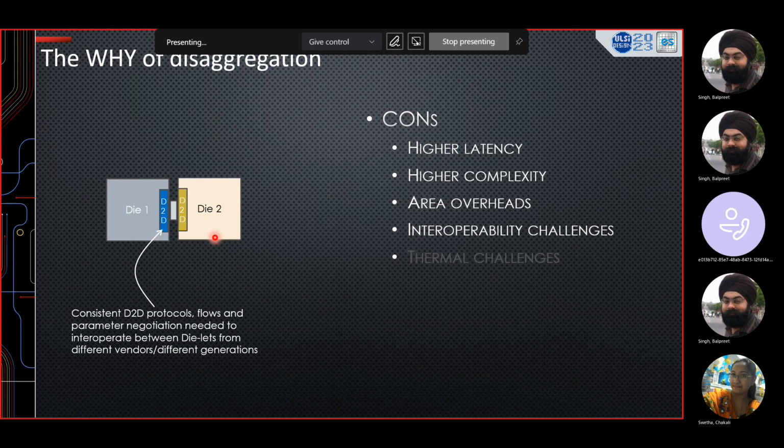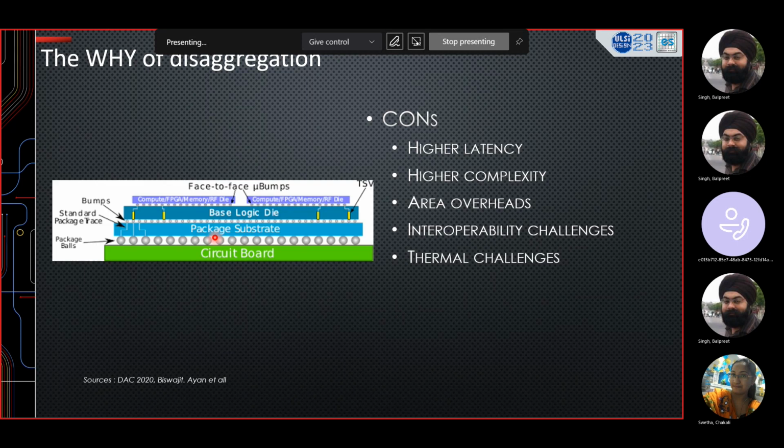And forget about dialects from different companies, even dialects from the same company, from the previous generation and the next generation. Even making them talk is a big deal in itself, because the flows might have changed between n-1 and n. There might be a lot of new changes in the functionality, in how it's being split. So all of those things come up as interoperability challenges that we need to think through when we are designing our solution in a disaggregated manner.